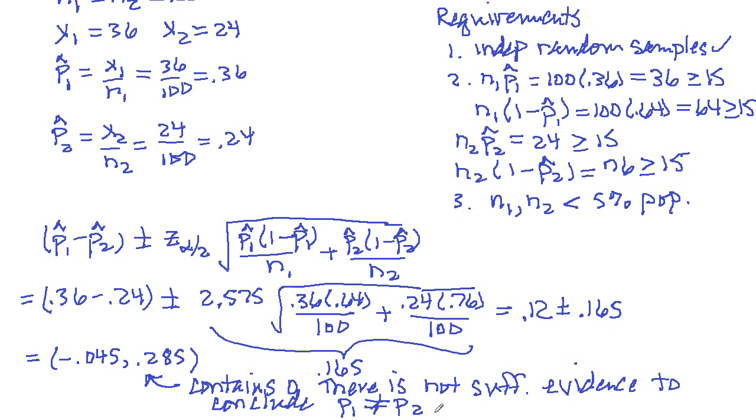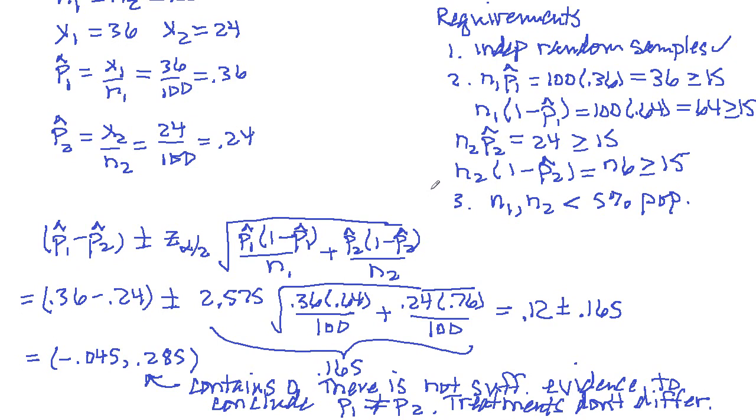So in this case, we would say practically the treatments do not differ. There's not a significant difference. So treatments don't differ in proportion of survivors. And that's important to know. So that's the conclusion from a confidence interval.